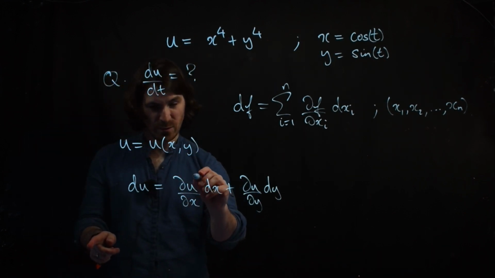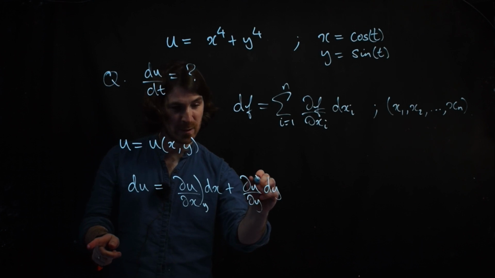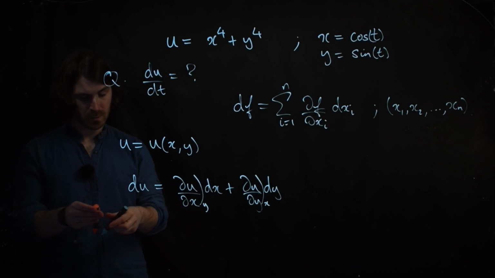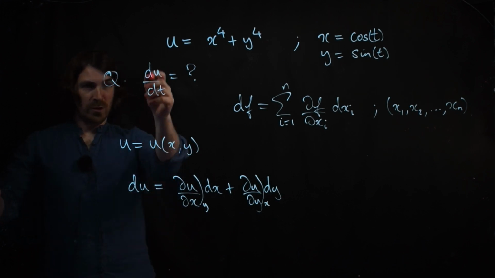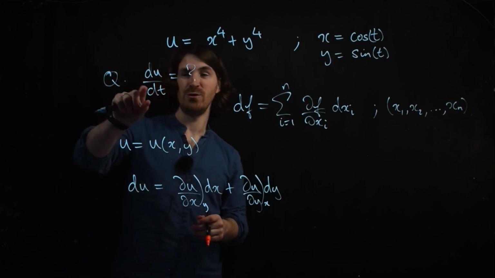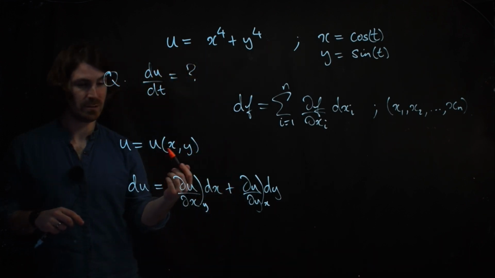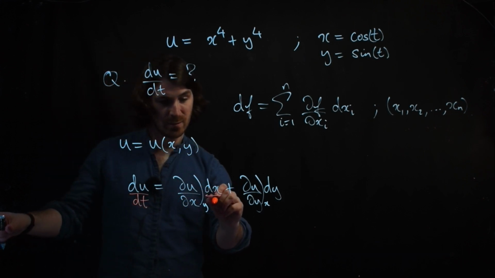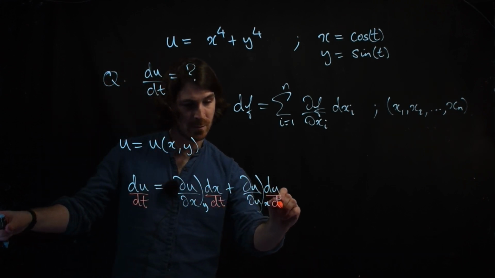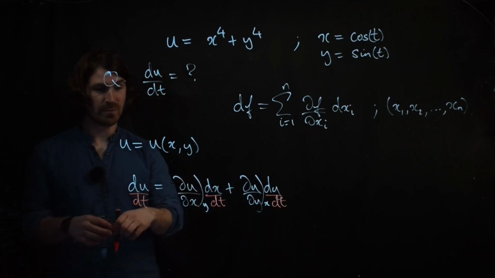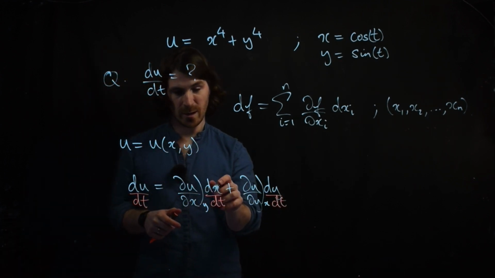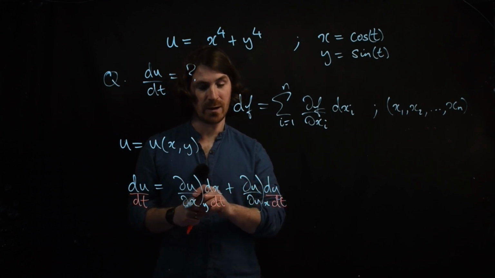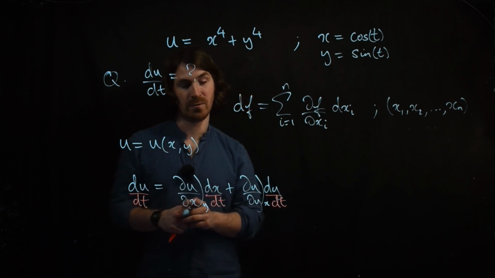These are partial derivatives, so the first means constant y, and the second means constant x. Now, what is du by dt? How does u change as t changes? It's given by the partial derivative of u with respect to x times the normal derivative dx by dt, plus the partial derivative of u with respect to y times dy by dt.